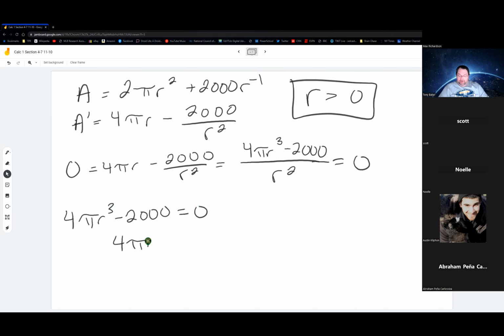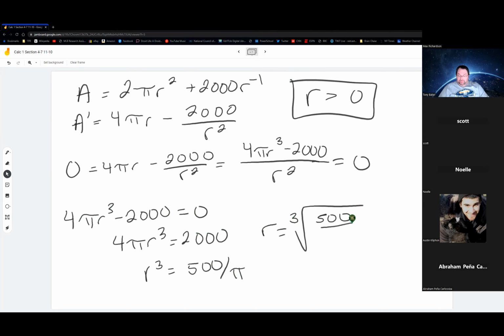4 pi r to the third equals 2000. r to the third equals 500 divided by pi. So r equals the cubed root of 500 over pi.